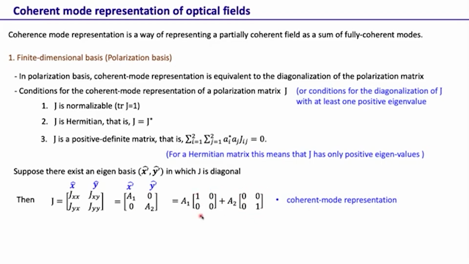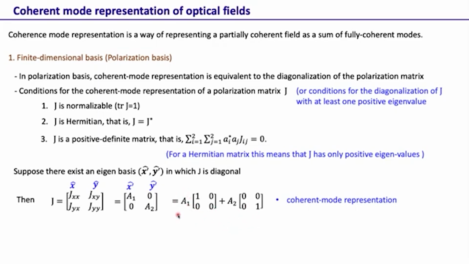In fact, this represents a field that is just x prime polarized, and this represents a field that is just y prime polarized. This mode has no component in the y prime direction, and this mode has no component in the x prime direction. And this matrix J, we are writing as the sum of these two matrices.